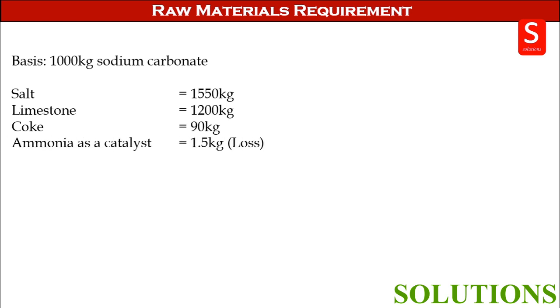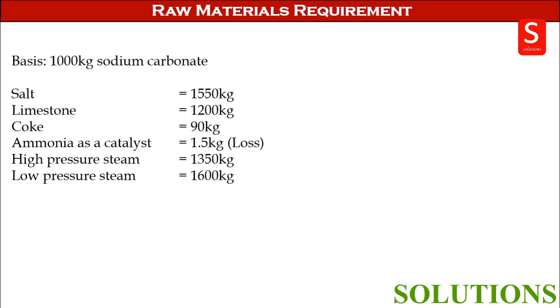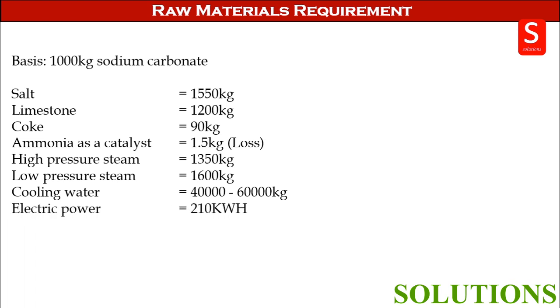Ammonia as a catalyst equals 1.5 kilograms, loss. High pressure steam equals 1350 kilograms. Low pressure steam equals 1600 kilograms. Cooling water equals 40,000 to 60,000 kilograms. Electric power equals 210 kilowatt-hour.